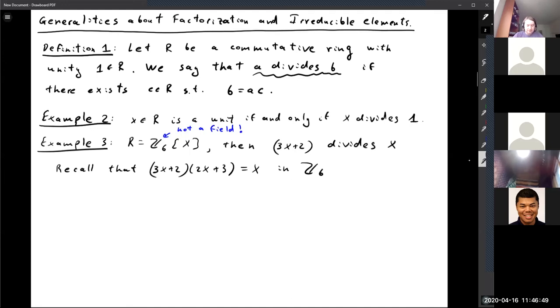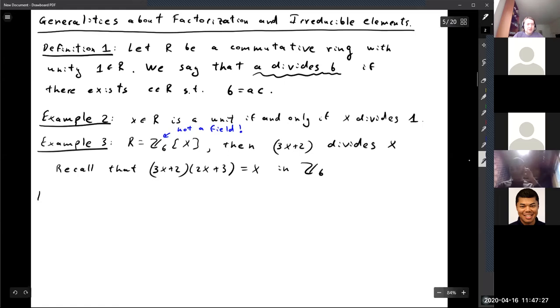So now we want to introduce the notion of irreducible elements. We know that some polynomials, for example polynomials over reals, cannot be presented as an essentially non-trivial product of other polynomials of strictly smaller degrees. And in the ring of integers, the prime numbers cannot be presented as a non-trivial product of other integers.